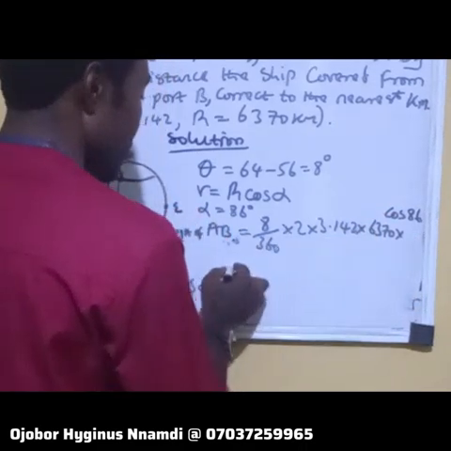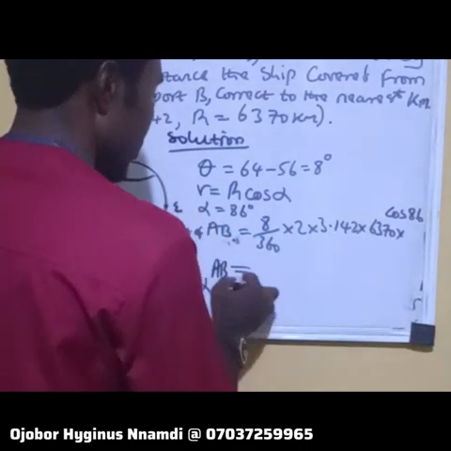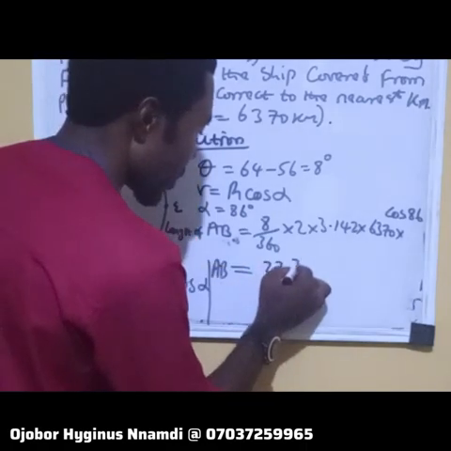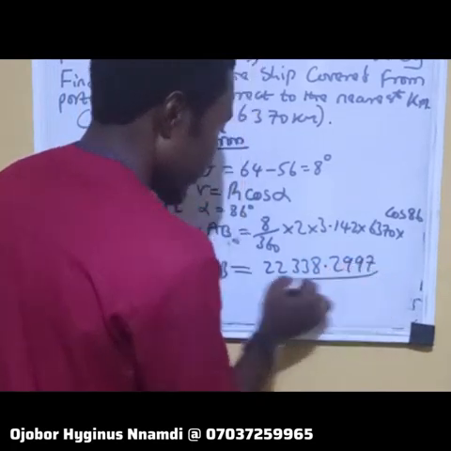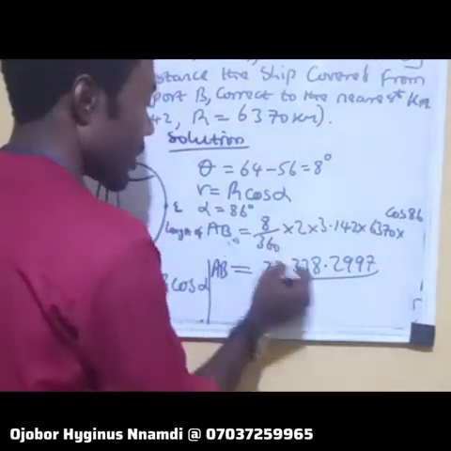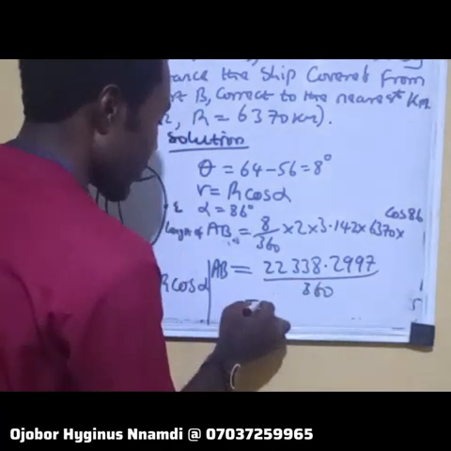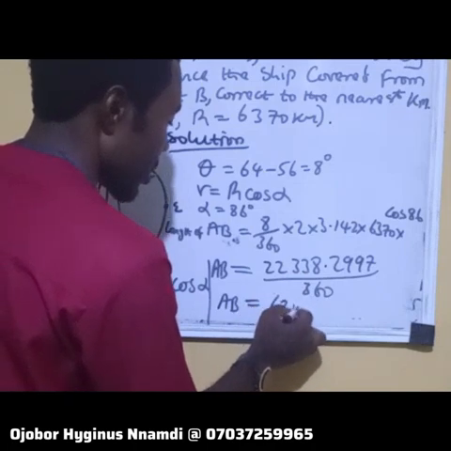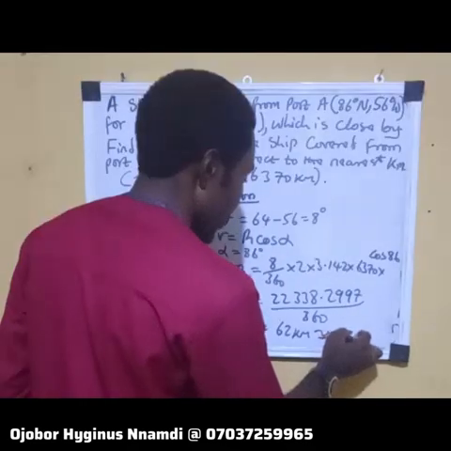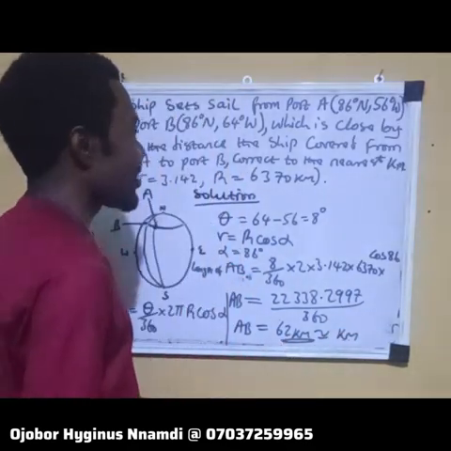So when this is computed, you have 22338.2997, divided by 360, and that will give us AB equal to 62 kilometers to the nearest kilometer. That is the answer to this question.